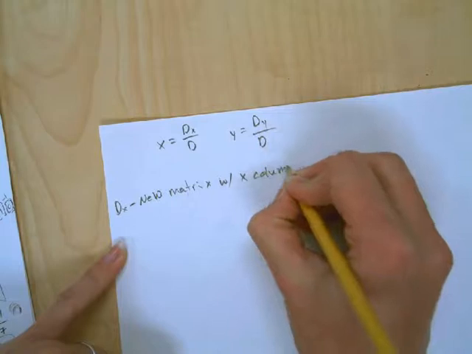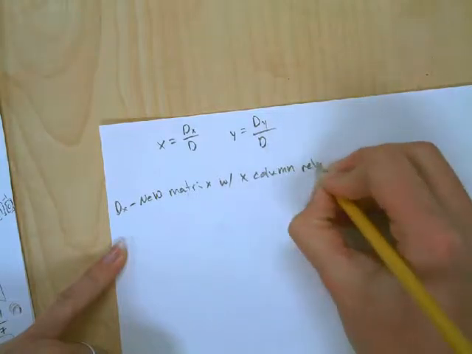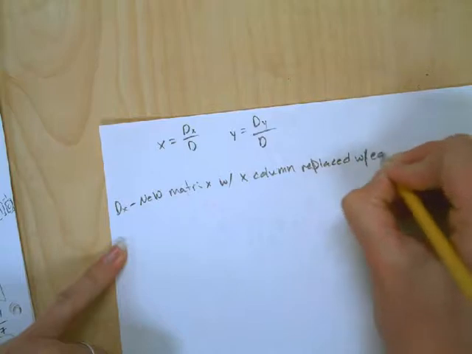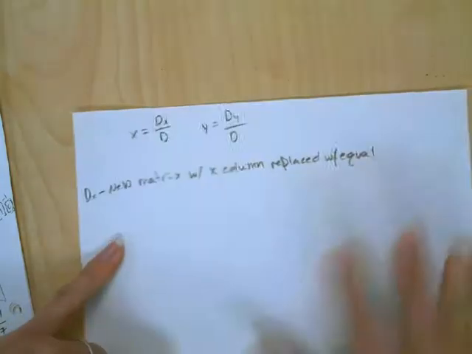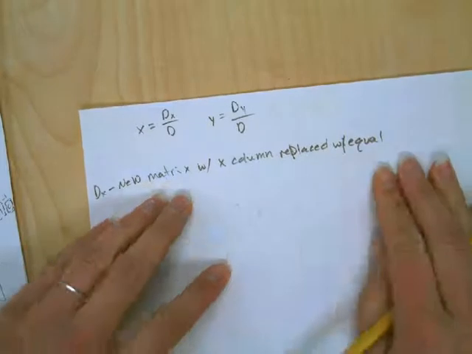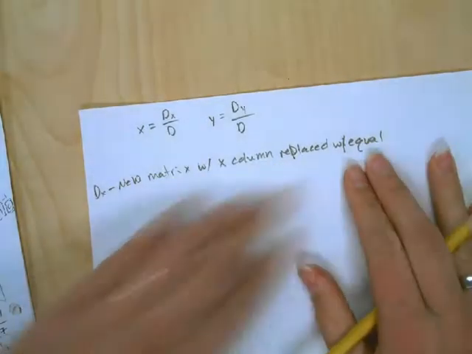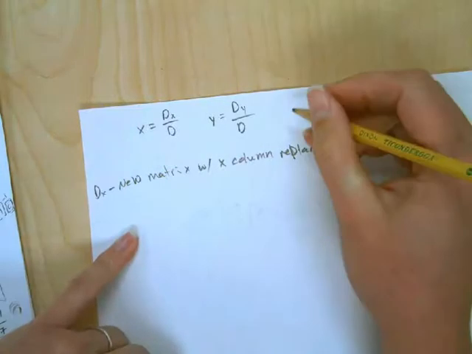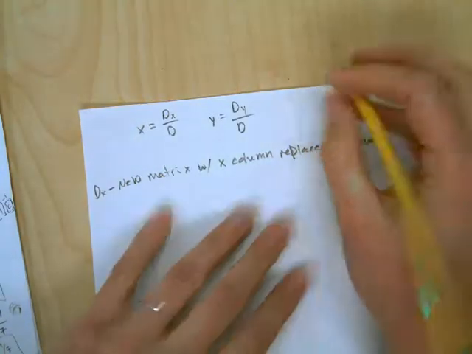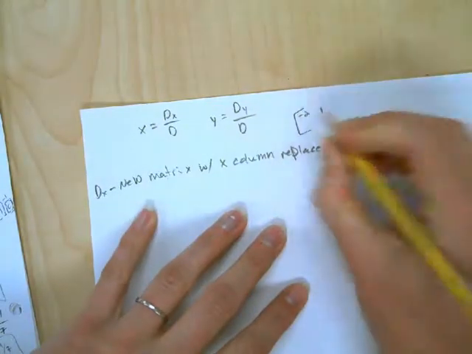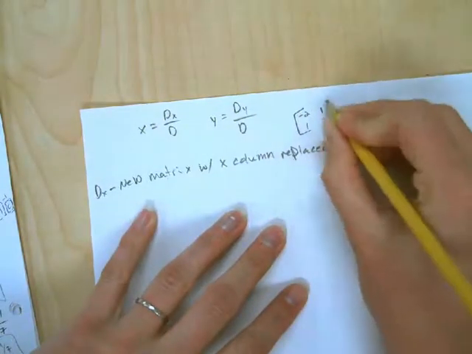Okay, so that's what I would write for myself as a little note, right? So Dx is going to be the new matrix with the x column replaced with the equal. So what that means is that if I have this, so if I have -2, 1, and then 1 and 3, and that's equal, times x y, and that is equal to 5 and 7.